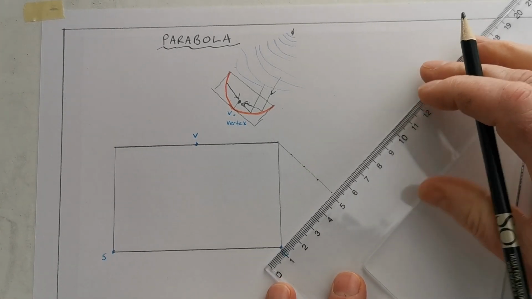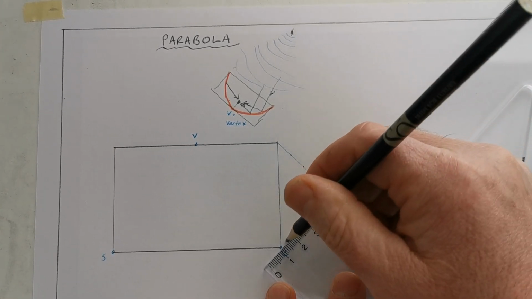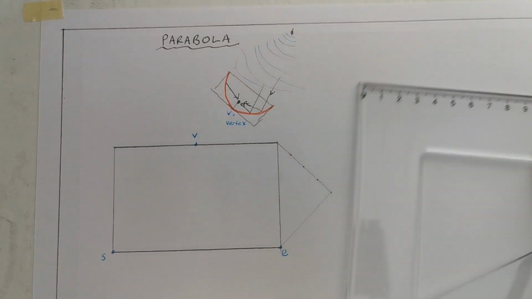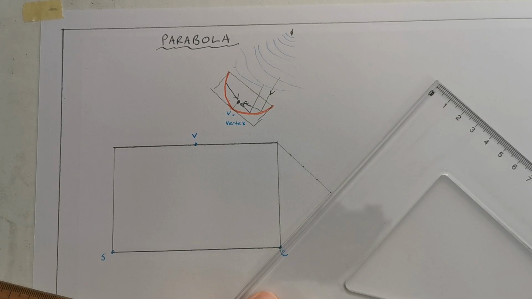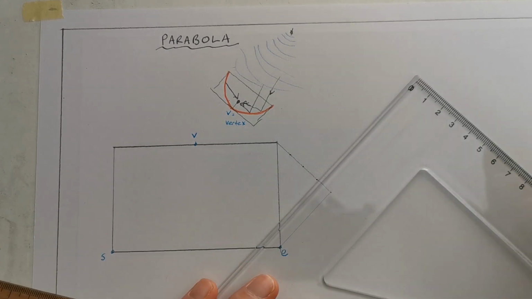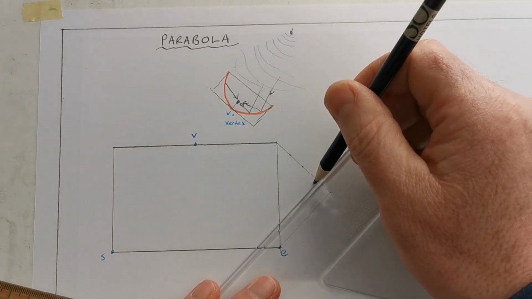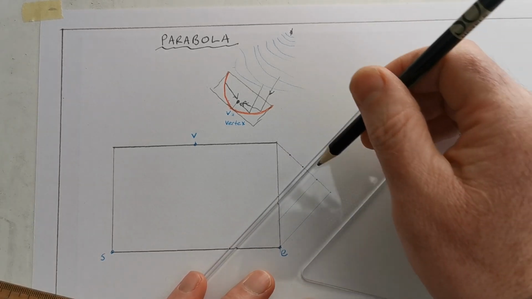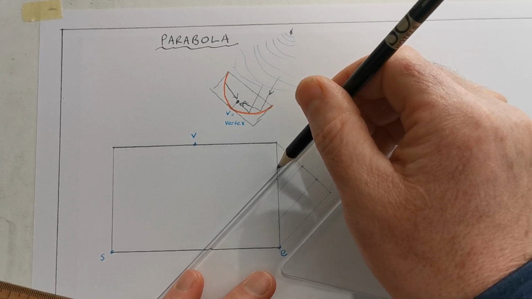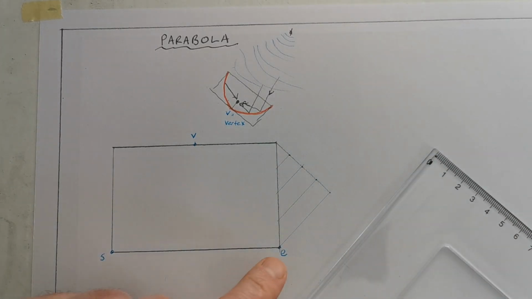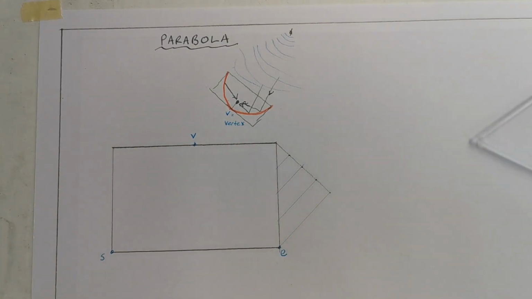Join the fourth one to the end of the line. Now I want to go parallel then from there. So parallel, just set up my sliding set square there. Okay, so that divides the height into 4 equal distances.